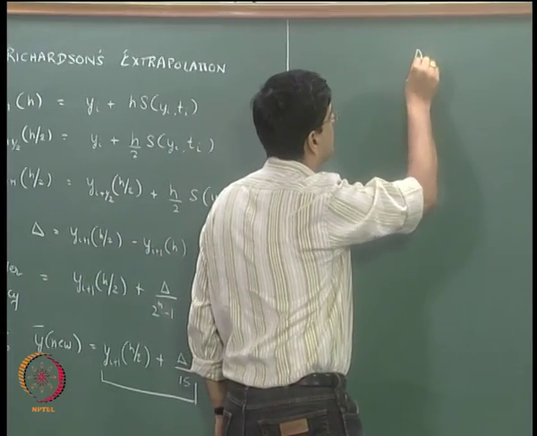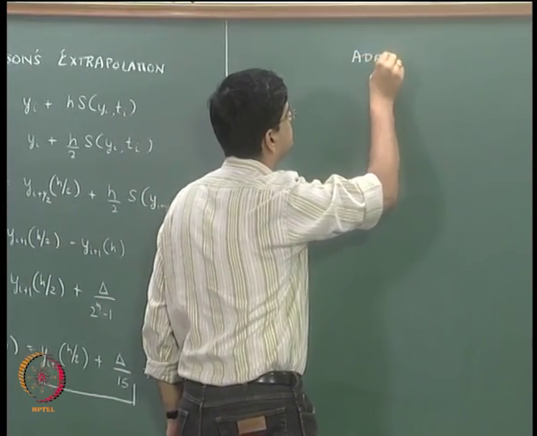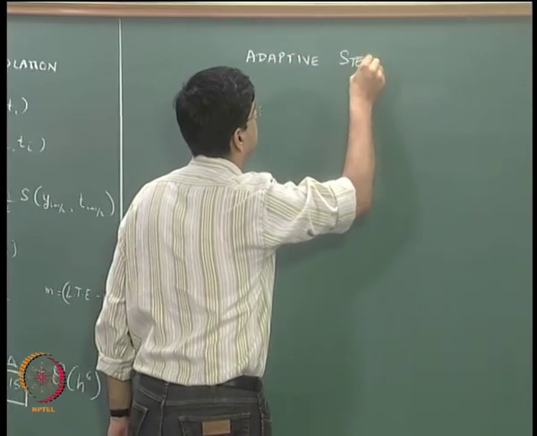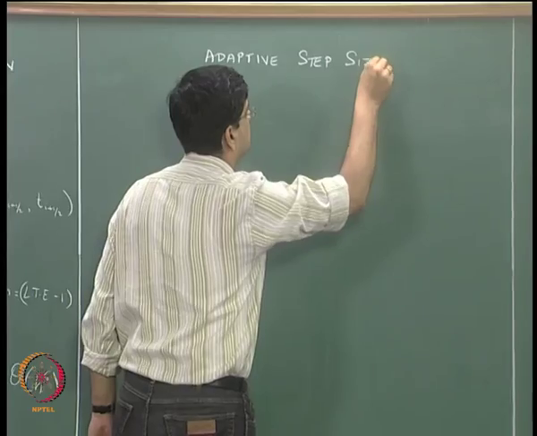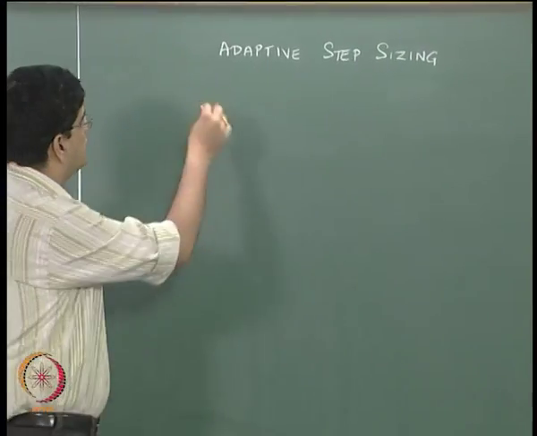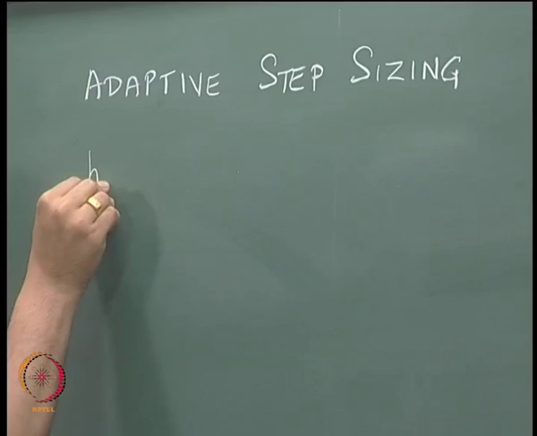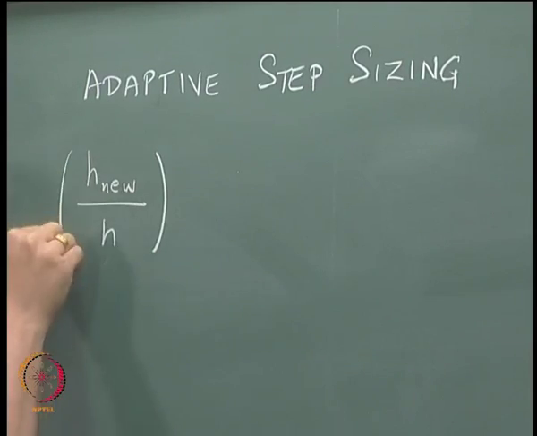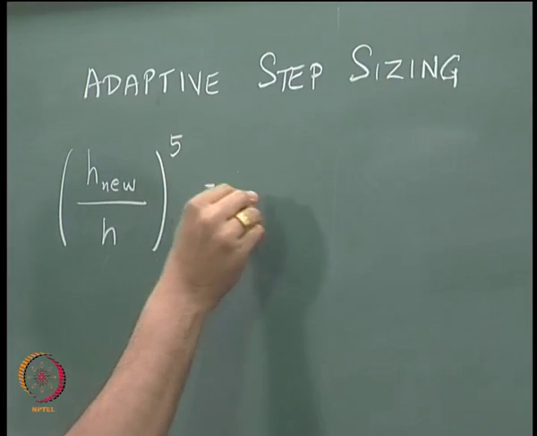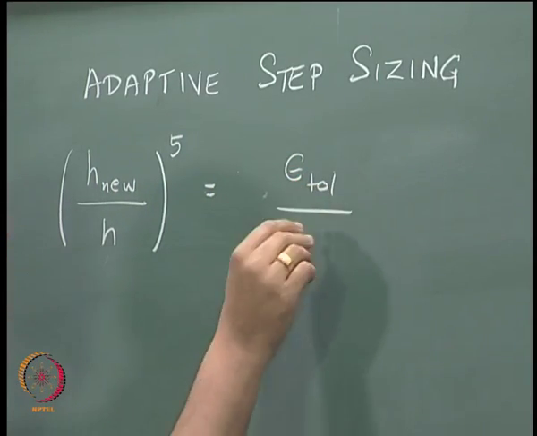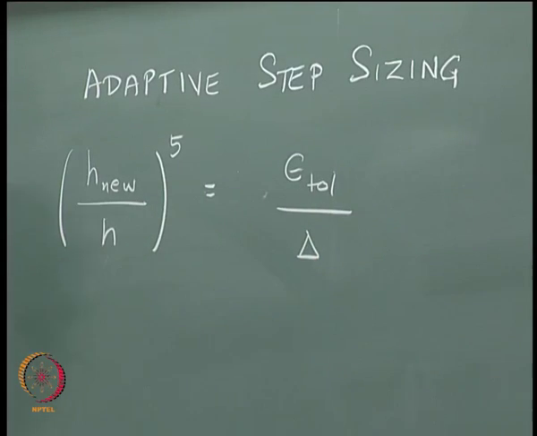So in adaptive step sizing, what we said was h new divided by h to the power 5 is going to be equal to epsilon tol divided by delta, okay.